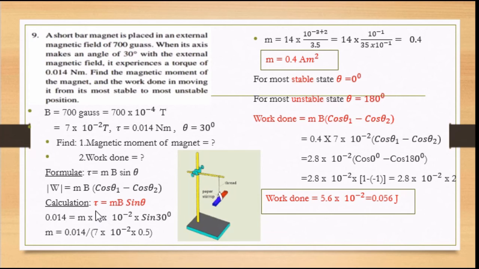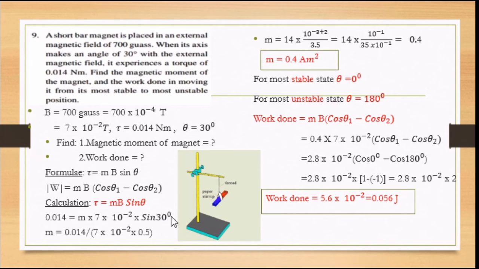To calculate the value of m, the magnetic moment of the magnet, the torque is given to you, which is 0.014. So let us put the value of torque as 0.014. This m is as it is because that is what we are going to find out. The B is given to you, which is 7 into 10 raised to power minus 2, into sin theta, where theta is 30 degree, so it is sin 30.